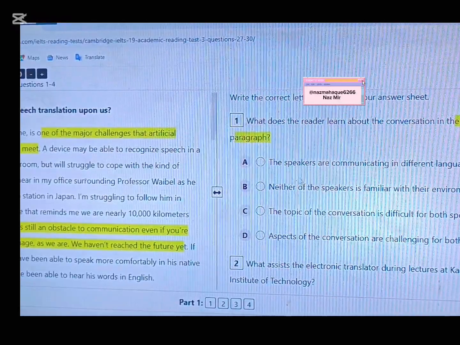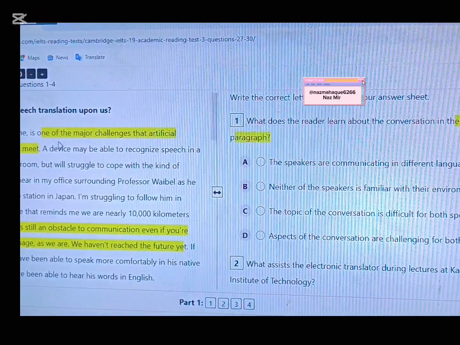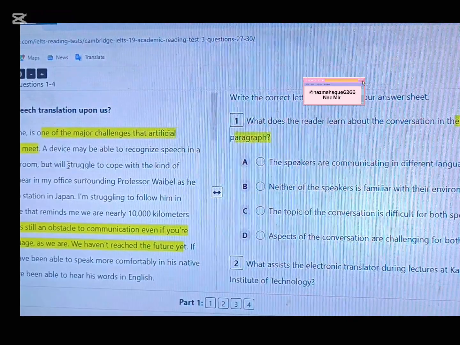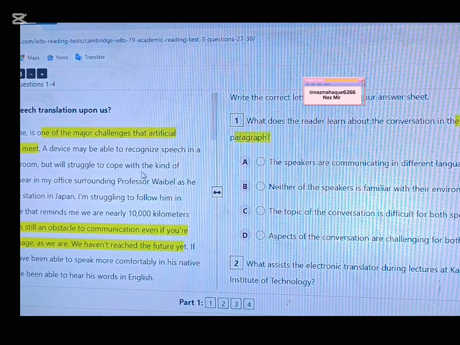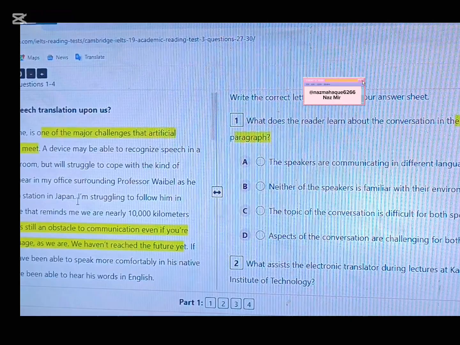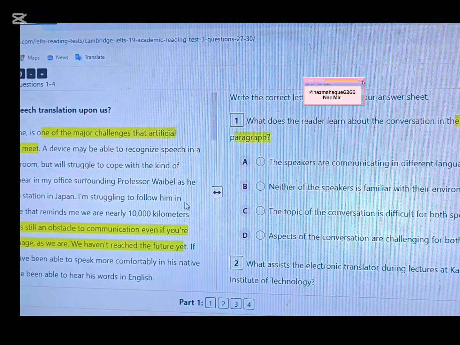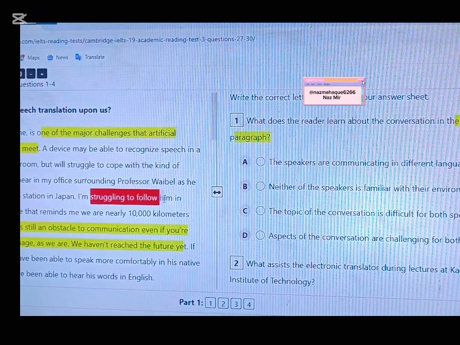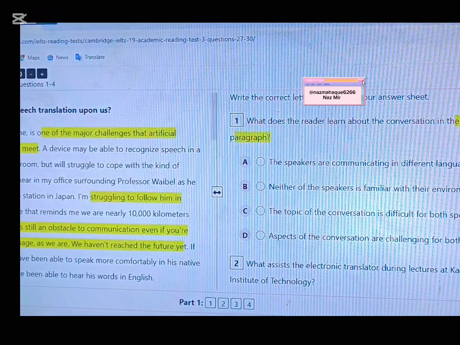So when we are talking about the conversation, as you can see, it has been said that it will still struggle to cope with the kind of background noise I can hear in my office surrounding Professor Webble as he speaks to me from Kyoto Station in Japan. I am struggling to follow him in English on a scratchy line. Struggling to follow him in English, okay?